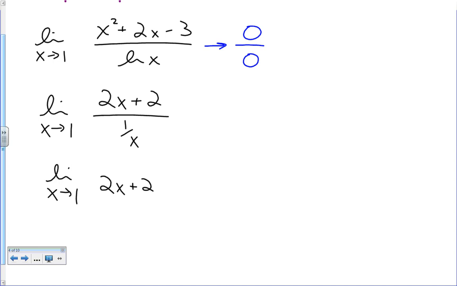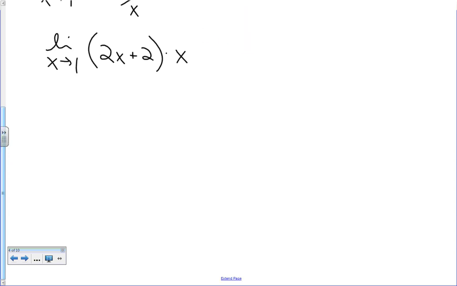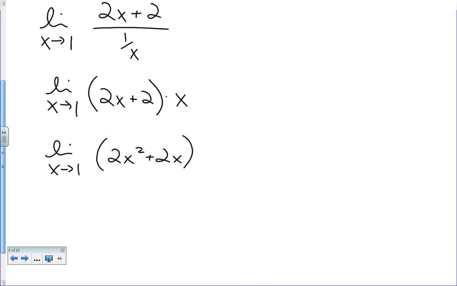Well, dividing by 1 over x is the same as multiplying by x. So this becomes the limit as x goes to 1 of 2x squared plus 2x. I was able to simplify that result from L'Hopital's into this form.